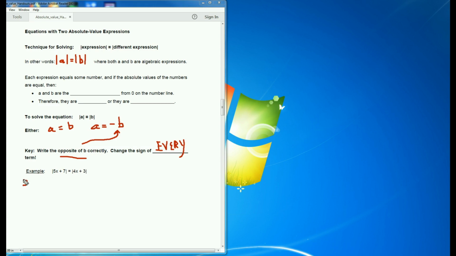So then either 5x plus 7 is just straight up equal to 4x plus 3, or 5x plus 7, that's the first one, the A, is equal to the opposite of that number. So negative of quantity, 4x plus 3.